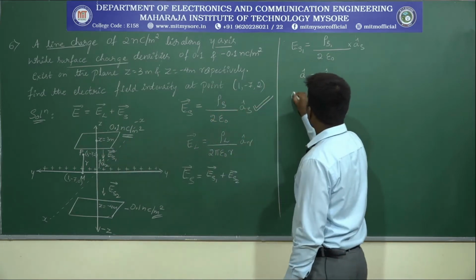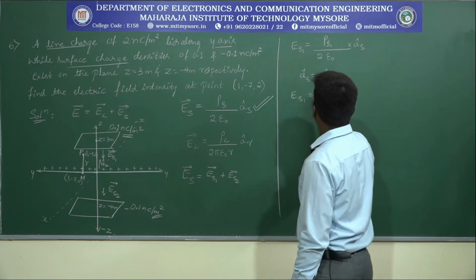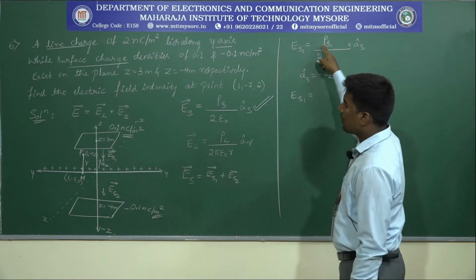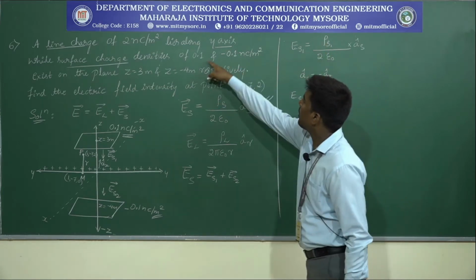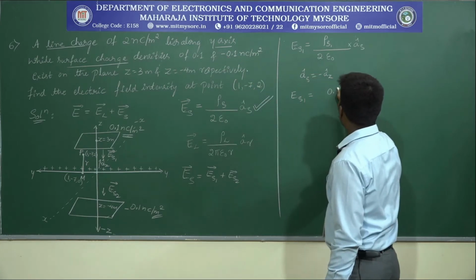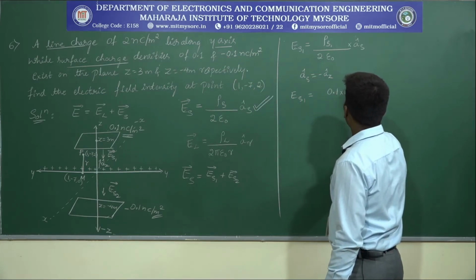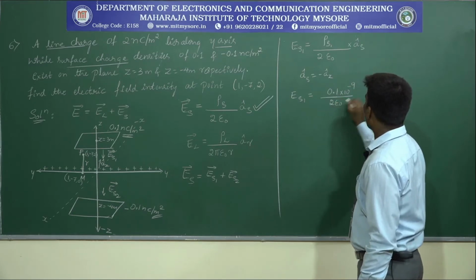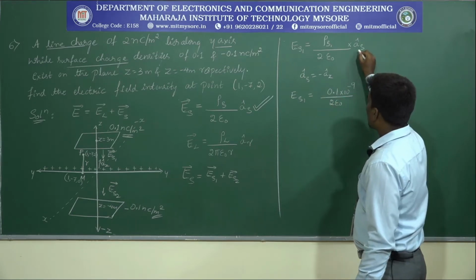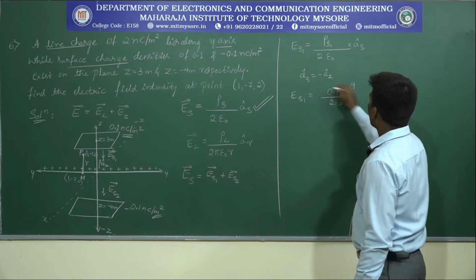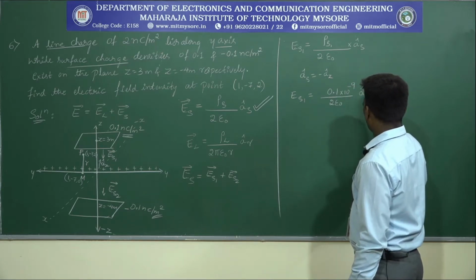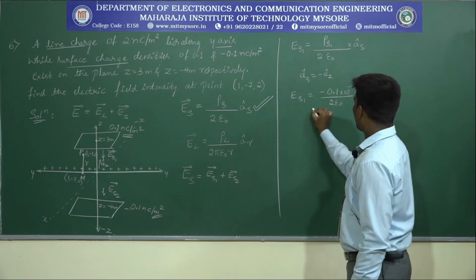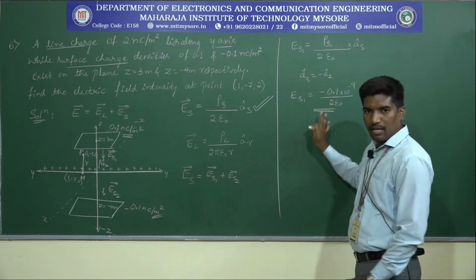Got it? Then ES1 is equal to, what is the value of rho S1? Rho S1 is 0.1 nanocoulomb, 0.1 into 10 power minus 9 divided by 2 epsilon naught into A cap S. What is the value of A cap S? It is minus A cap Z into A cap Z, minus sign comes here. Keep ES1 as it is.